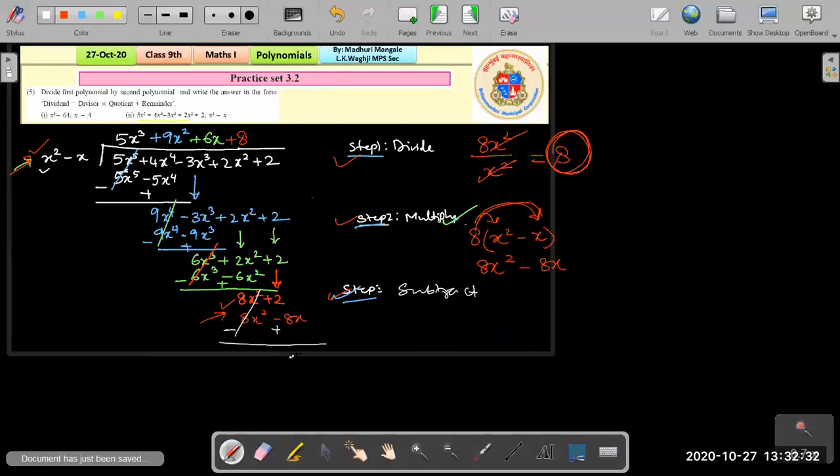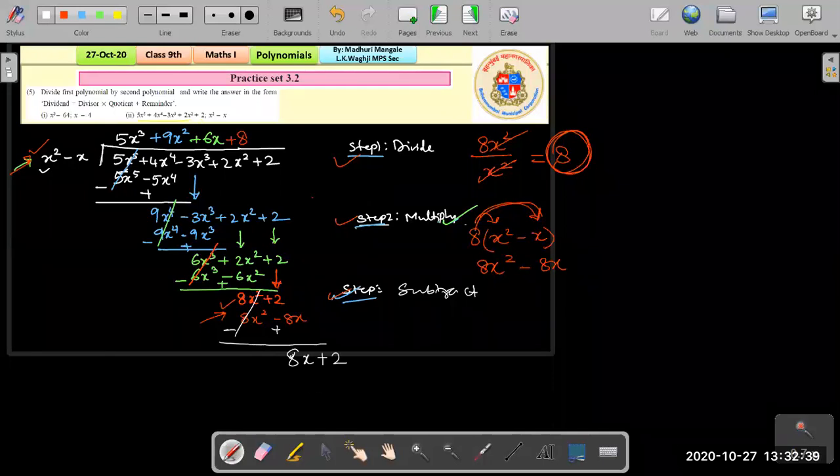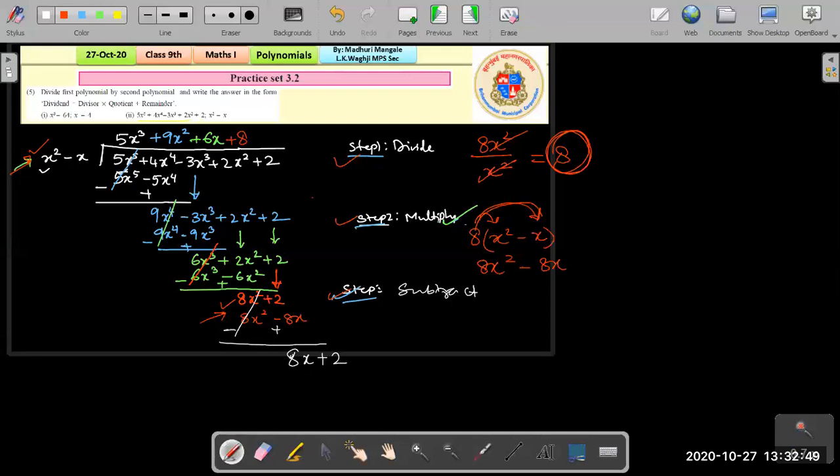So over here it will be plus 8x and plus 2. Now check. Is the degree of this last expression greater than or equal to the degree of the divisor? No. As we see, the degree is less now. It is less than the degree of the divisor. We stop here. This is the remainder.